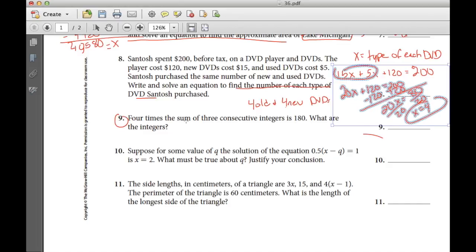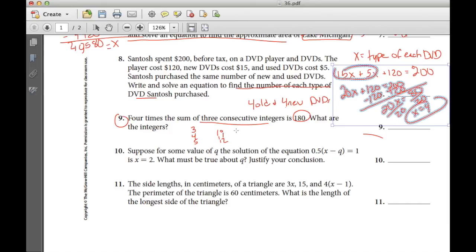Number 9, 4 times the sum of 3 consecutive integers is 180. What are the 3 integers? Now you could do guess and check on this, but because this chapter is all about equations, I am going to set up an equation for the problem. So 3 consecutive integers are like 3, 4, and 5, or 10, 11, and 12.